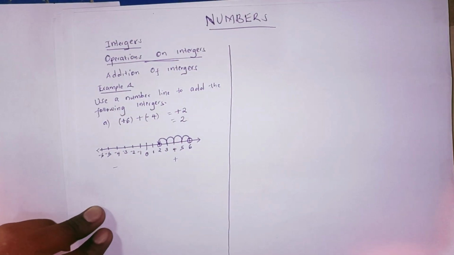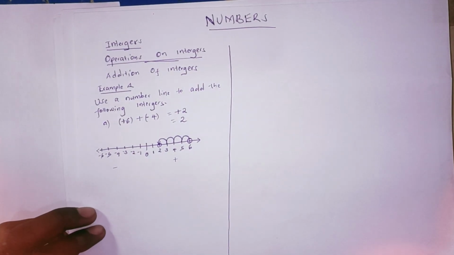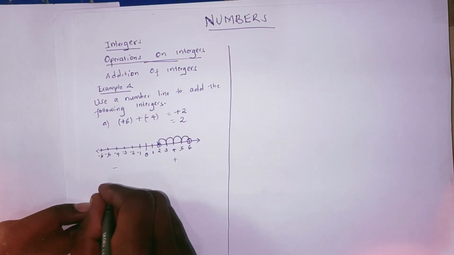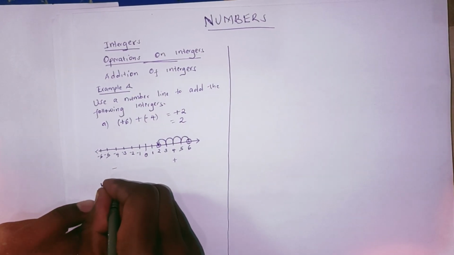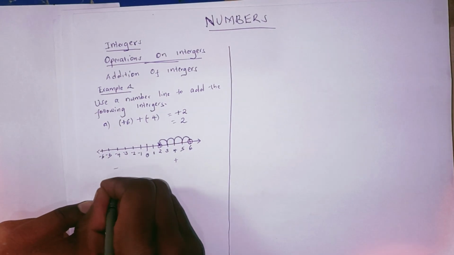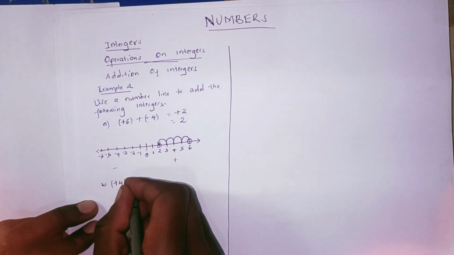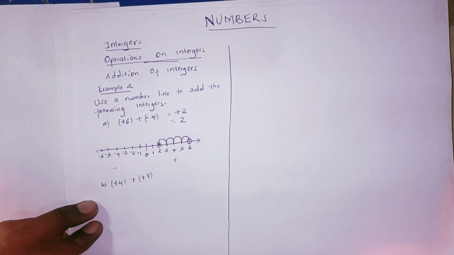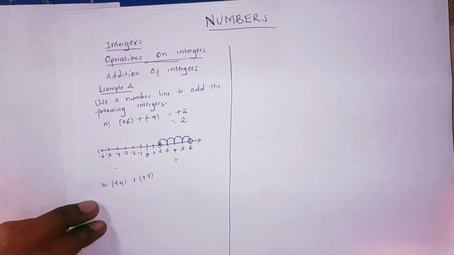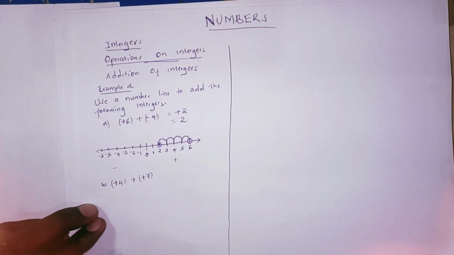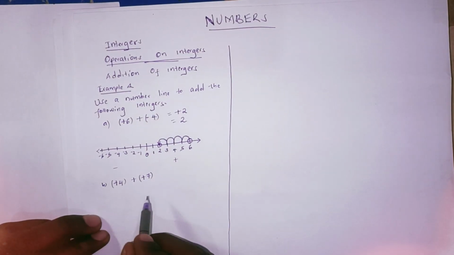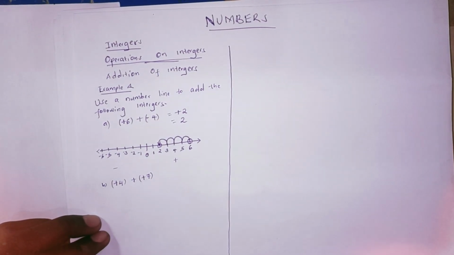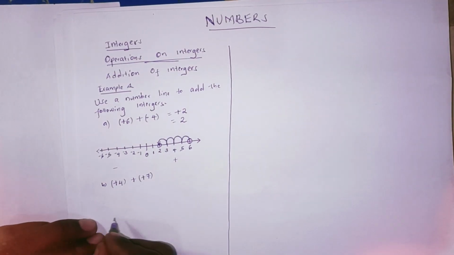What about when I have a positive 4 plus positive 7? What if I had that one? This is what I'll do. I'll draw a number line. When you have just positive and positive, you don't have to include the negative, but sometimes you have to include it.